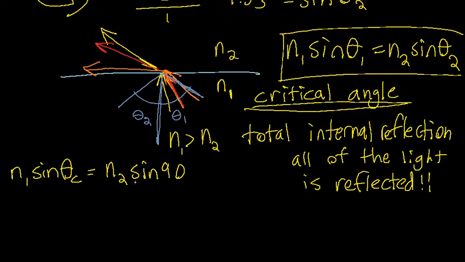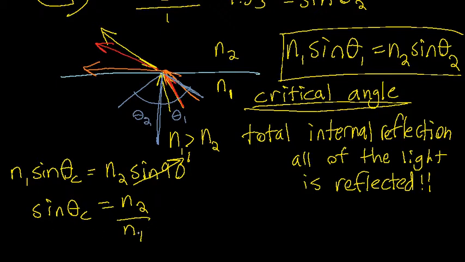Sine of 90 is just 1, so now we have sine theta c equals, I'm going to divide by N1 on both sides, N2 over N1.